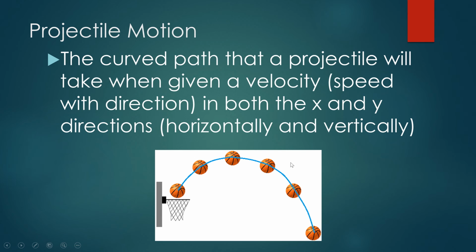So the vertical can change up and down, but the horizontal cannot change. You don't throw a ball to the left and then all of a sudden it stops and goes right. That's not going to happen. However, you could throw a ball up and then it stops and comes down.